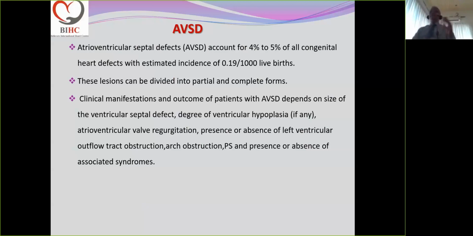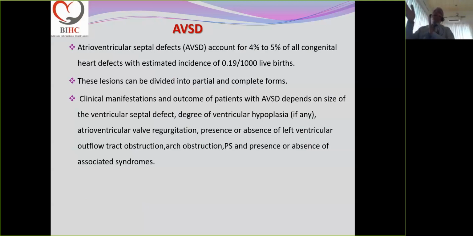You classify them as complete and incomplete. In the clinical presentation, the decisive features are: is there a VSD? What is the size of the VSD? Is there any AV valve regurgitation? These are the prime determinants.